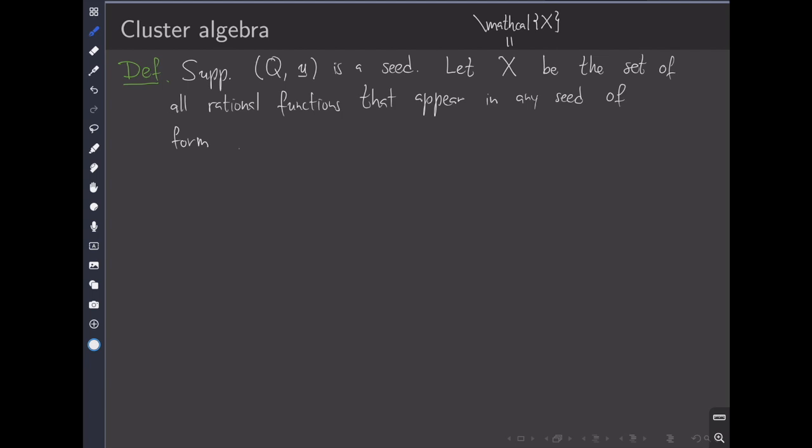I mean, I consider all possible seeds of the form mu_kl, mu_k(l-1), etc., mu_k2, mu_k1 of (Q, U) with the indices k1, etc., to kl mutable.